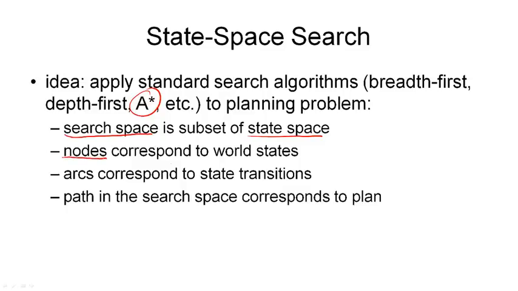The nodes in our search space correspond simply to world states. So the states that we have in our planning problem are nodes in our search tree. The arcs in the search space correspond to state transitions as defined by the operators and the actions that we execute as part of the plan. And a path in this search space corresponds to a plan, which is the solution we are looking for.